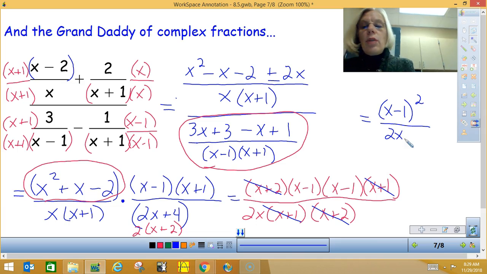Now we would have some restrictions. I'm going back to my original. x cannot equal 0, x cannot equal negative 1, or x cannot equal positive 1.